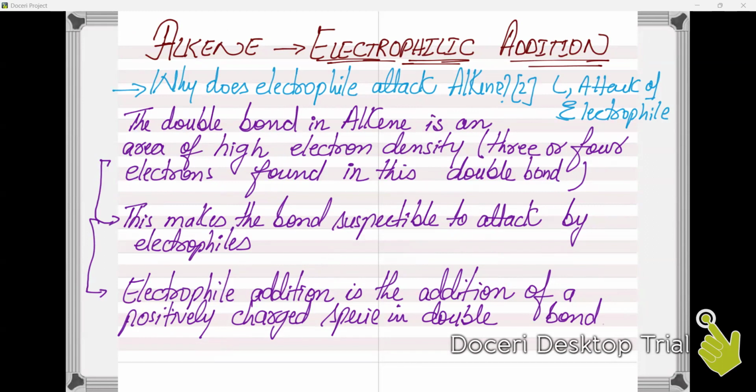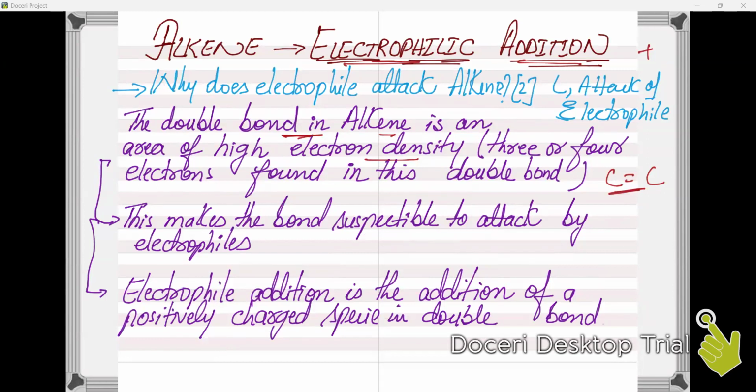Then the question comes: why can electrophilic addition reaction be done in alkene, or why is an electrophile attached? See, an electrophile is a species which has a positive charge. It is because, number one, the double bond of alkene is an area of high electron density.